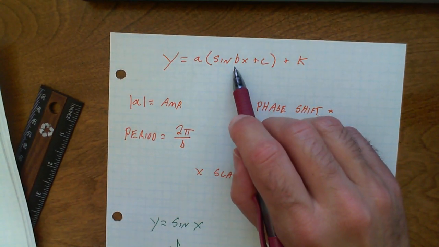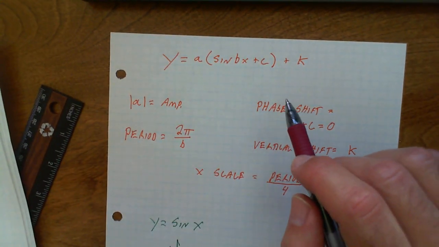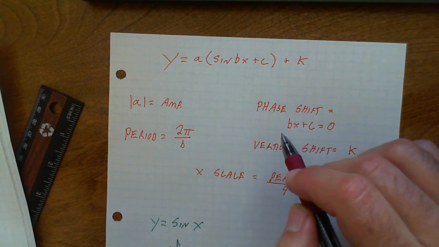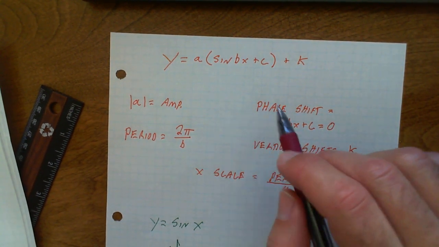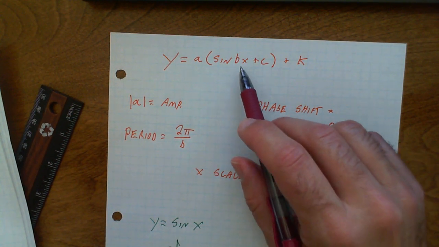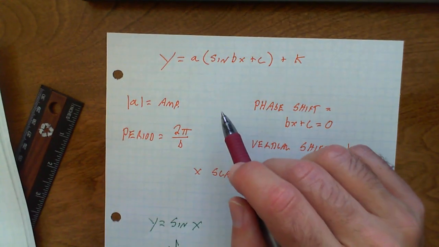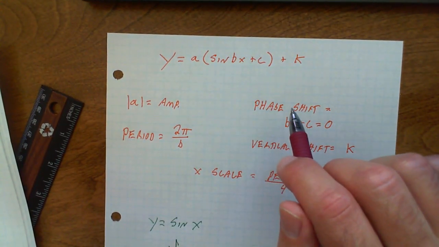B is going to help us with our period. Now remember, the period is how long it takes the function to go around the unit circle. Normally, if B was 1, it takes 2 pi to go around once.